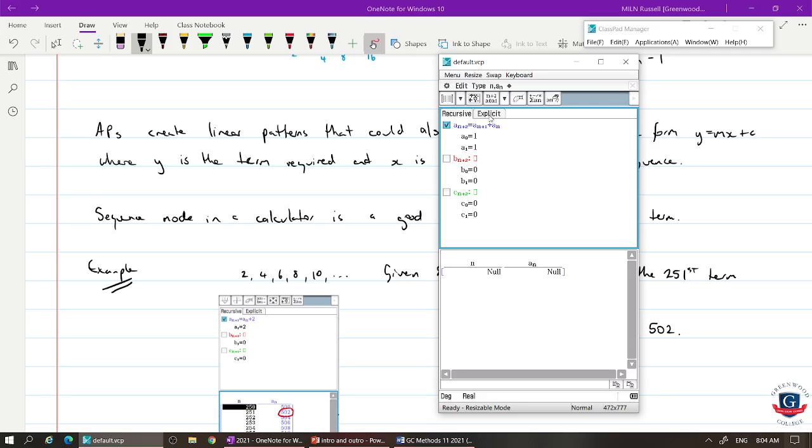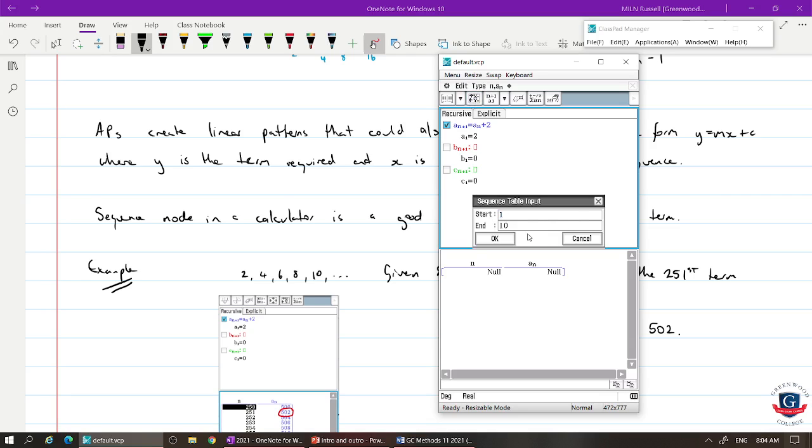And we want the first term, so let's start it in terms of the first term. And the first term is 2. And we're wanting it to be the previous term plus 2. There we go. Tick that, and let's have a look at the first 5 terms to make sure that we've got the formula correct.